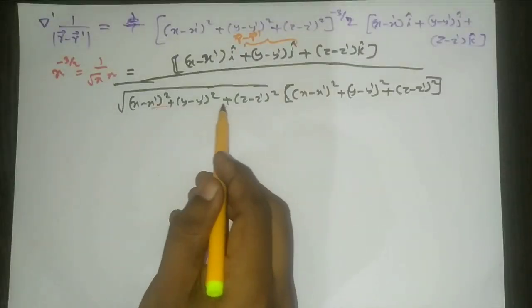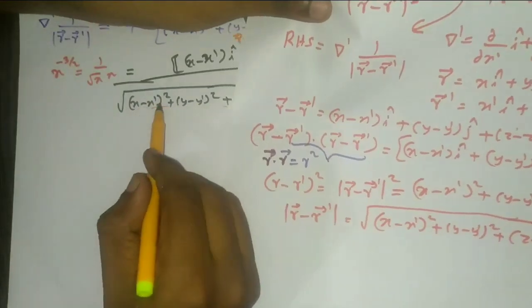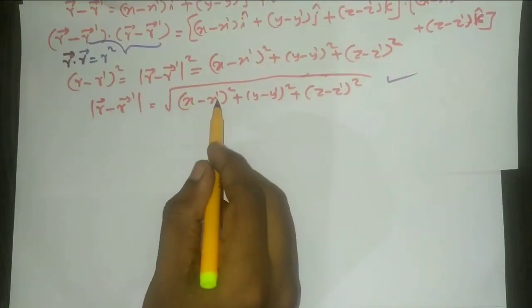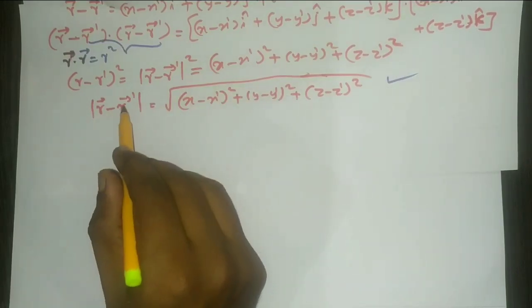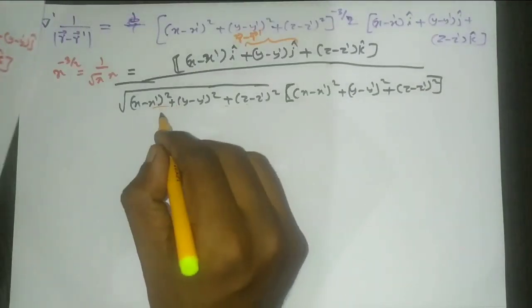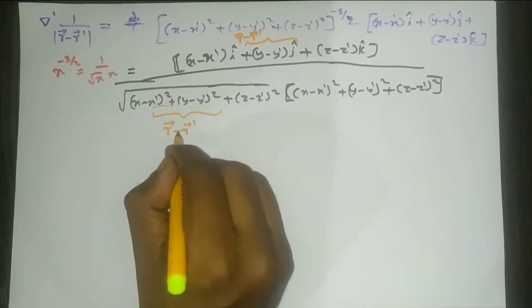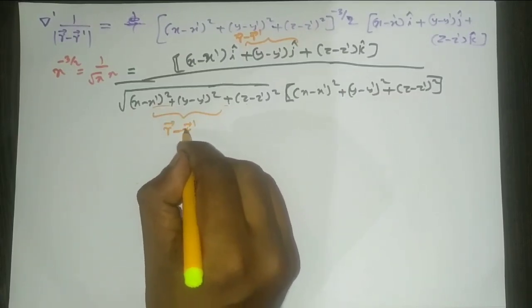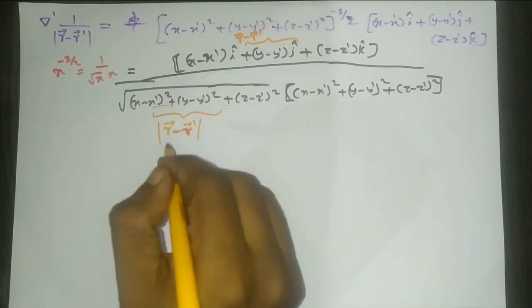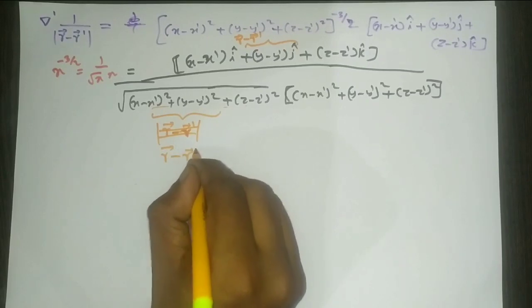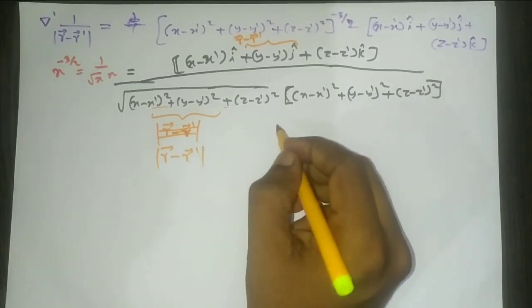The square root quantity can also be written like this: root of this quantity can be written as |r − r'|, the modulus of r minus r'.